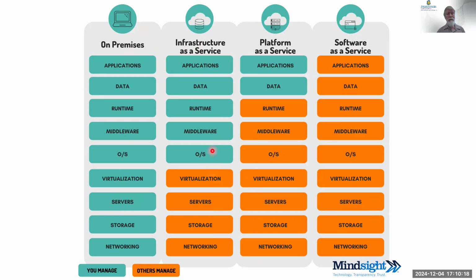If you get a machine that's infrastructure as a service, then the cloud provider gives you a virtual machine and you boot your own operating system on it, run all your own software, it's all yours. If you have one that's platform as a service, then they provide the operating system, the middleware and the runtime, and you just provide your applications and your data.